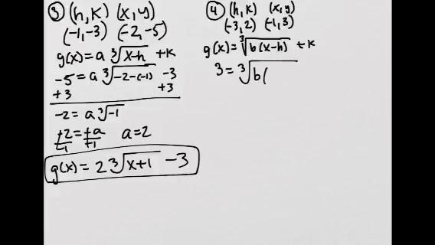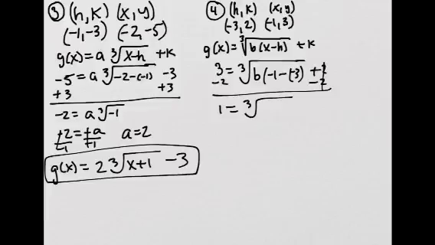And then x is -1, h is -3, so minus -3. Okay, plus k, so plus 2. I'm going to subtract 2. So 1 equals the cube root of 3 minus 1 is 2, right? So -1 plus 3 is 2, so 2b.